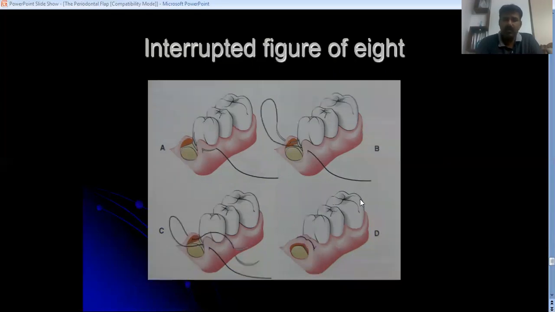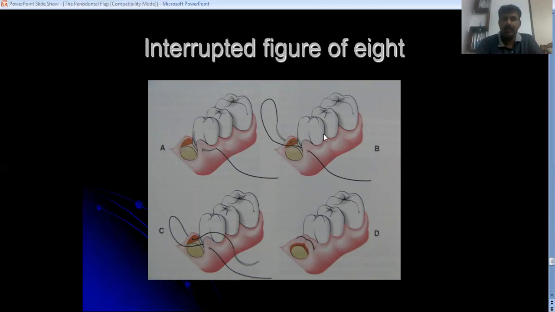But a common suture that we do in periodontics is the figure of 8 suture. The first bite is similar to that of the simple loop suture, that is, from the buccal you take a bite. But instead of taking a bite from the lingual aspect of the lingual flap, you take it from the palatal aspect, from the outer aspect. So both of these are from the outer aspect.